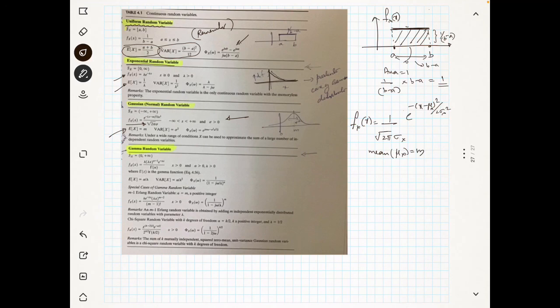Okay, now another thing is the gamma random variable. This is the distribution, and you can see this is a gamma function. Anyway, this is not so important for us now.